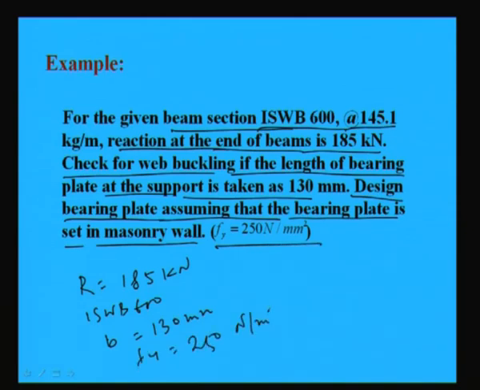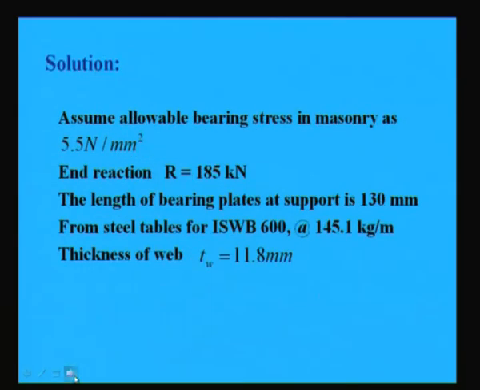So, these are the data which has been given. In case of masonry, the allowable bearing stress can be considered as 5.5 Newton per millimeter square, and as we know the end reaction is 185 kilonewton and bearing 130 millimeter.